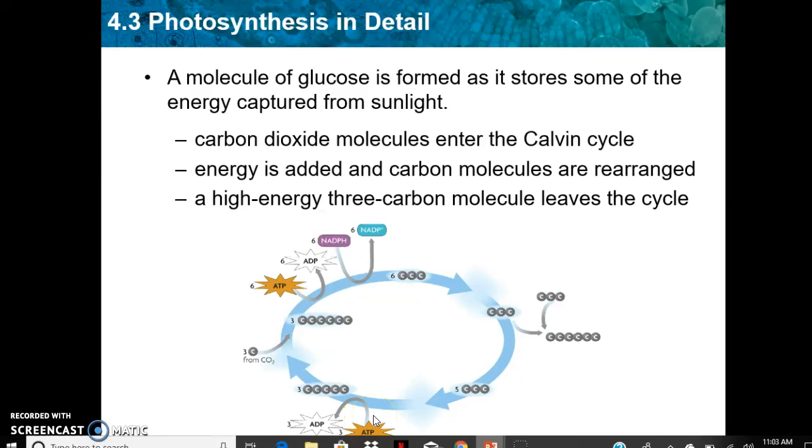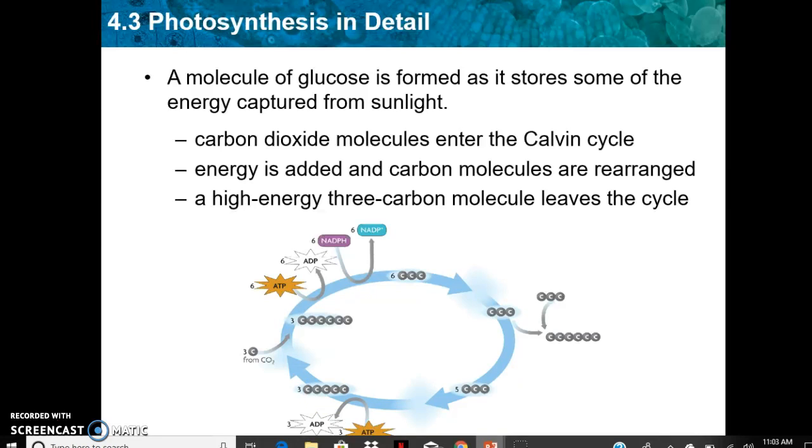Remember, that happens because one of those phosphate groups breaks off adenosine triphosphate. So one of those phosphates breaks off, leaves us with adenosine diphosphate, and when the extra phosphate is released, energy is released. So we have this 3-carbon molecule, we have the addition of this energy, and that's going to form a 5-carbon molecule.